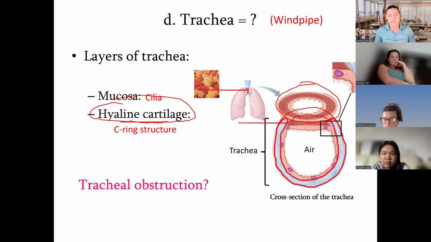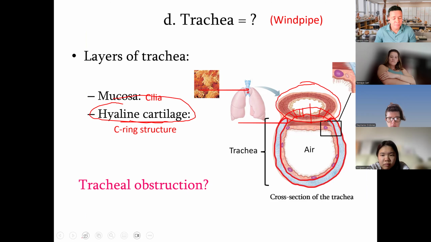Now, can you imagine if the hyaline cartilage was an O-ring, that would stop the enlargement of the esophagus. And whatever was swallowed will get stuck on that section of the hyaline cartilage right here behind it, right there. So it's going to impede the esophagus from expanding when we swallow. Okay, but we don't have that.